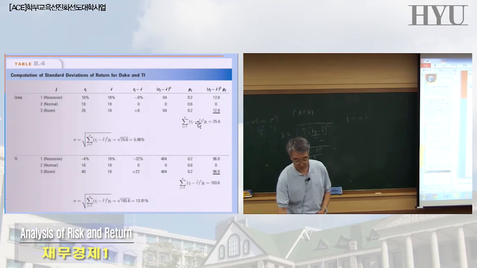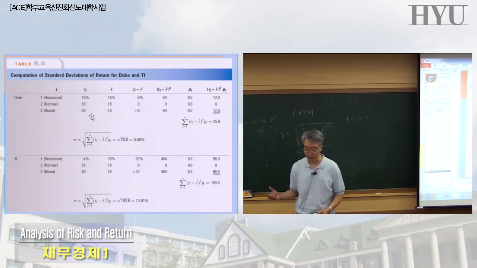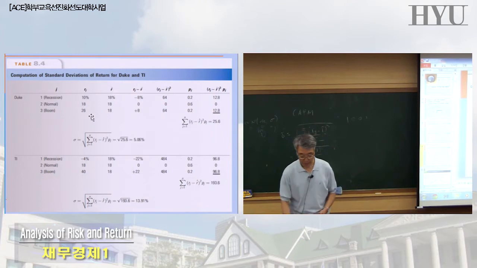That's why we take a square root and return the value back to the original unit. So now you say 5.06 is a percentage. Standard deviation is a percentage. If this was dollars instead of percentage, the variance again wouldn't be in dollars because it's a squared value.